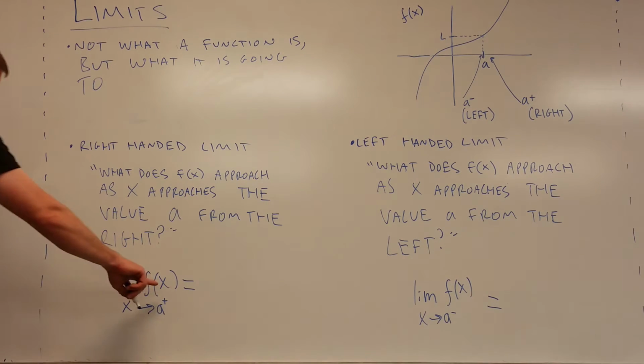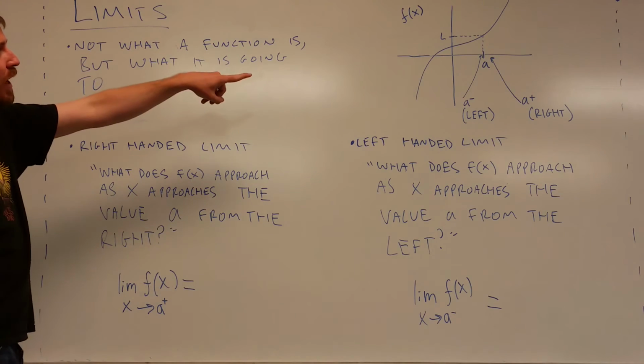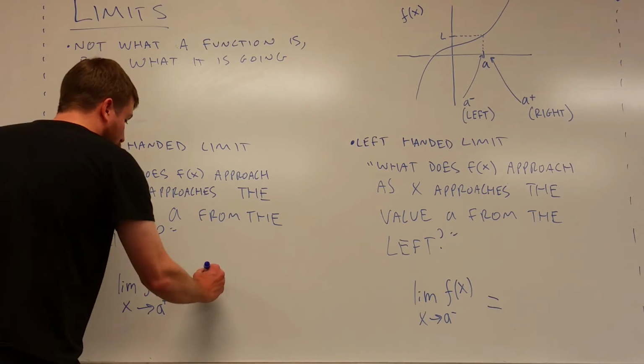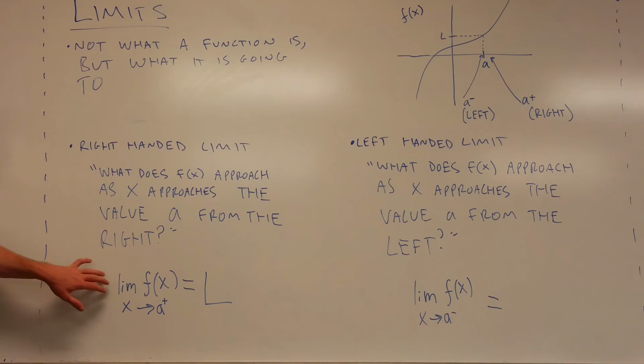So that's what this terminology means right here. So again, we looked at the graph and we said in this case, as we're approaching a from the right, we are approaching y equals L. So if we wanted to write this in terms of a limit, that's what it would look like, okay?